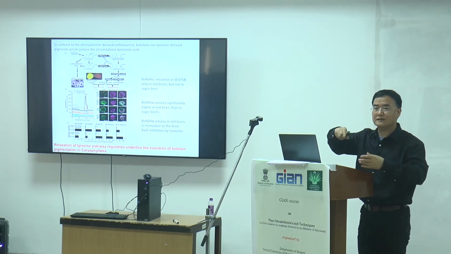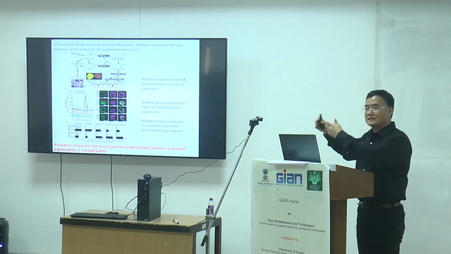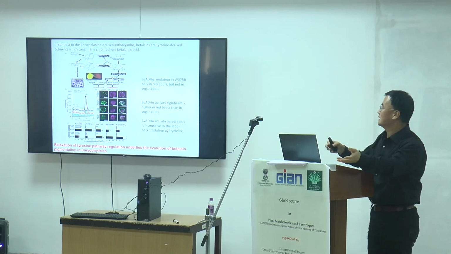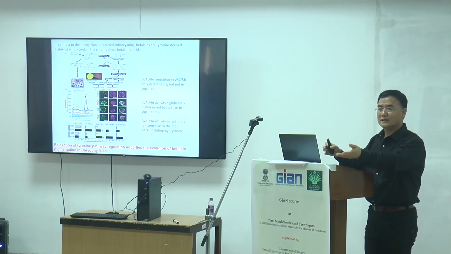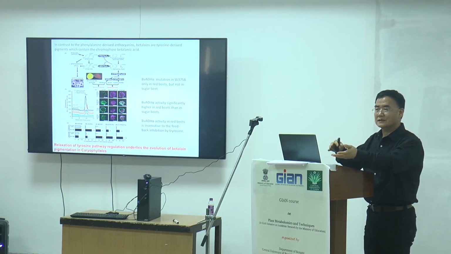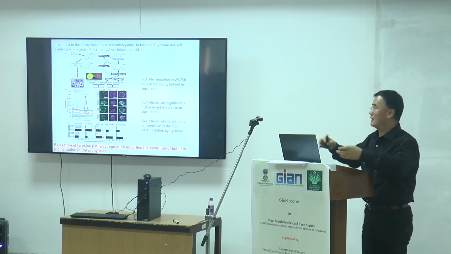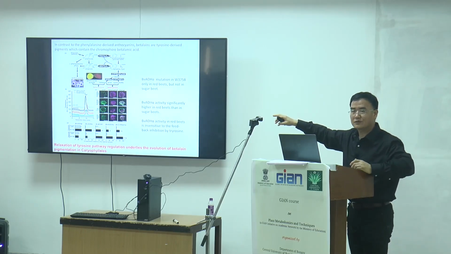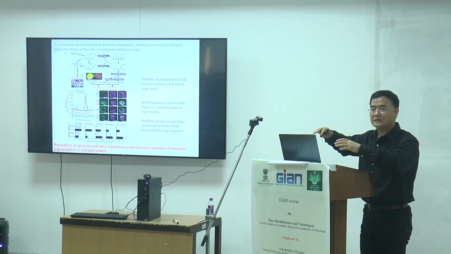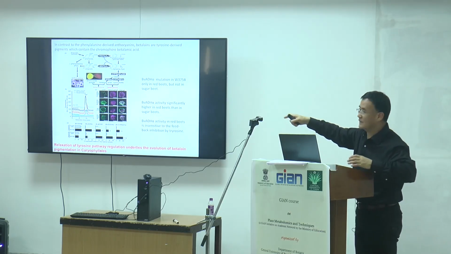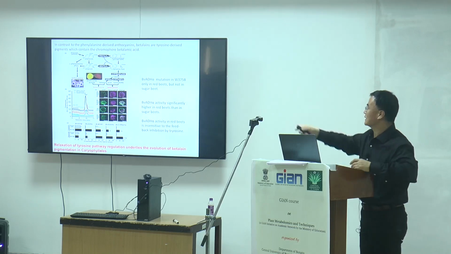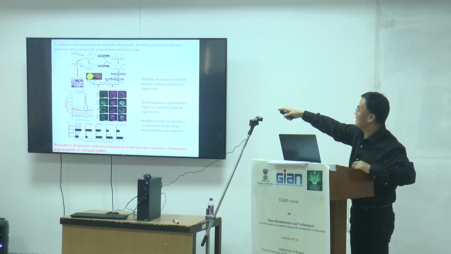Usually in all plants, excessive tyrosine will inhibit ADH. They don't allow too much tyrosine to accumulate through biosynthesis. However, in the red beet, the tyrosine accumulation level is drastically high. So this ADH enzyme was not sensitive, not like other plant ADH alpha.